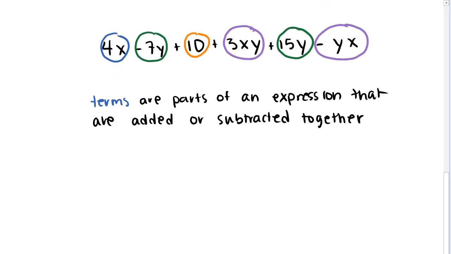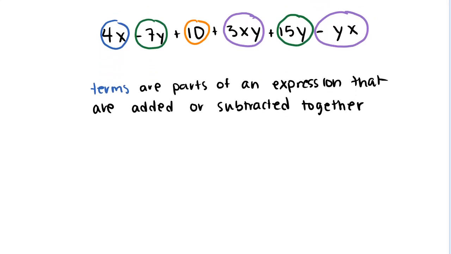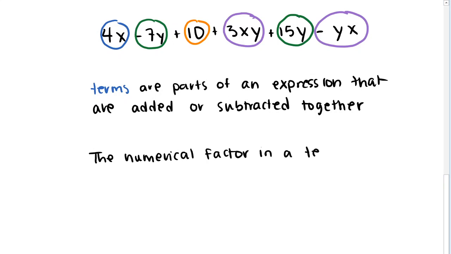So another piece of language that'll be relevant to us is this notion of a coefficient. The numerical factor in a term is known as the coefficient of the term.